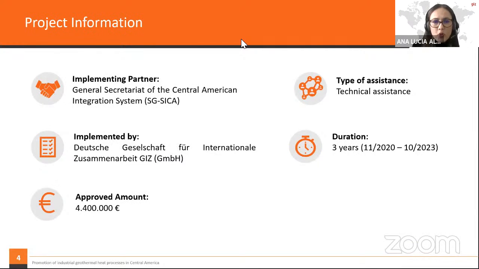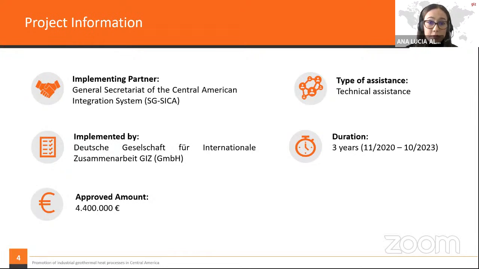Regarding our cooperation project that I mentioned, that is starting just right now, I may say that we are including all the 8 countries that are part of the SICA system integration in Central America and the Caribbean.